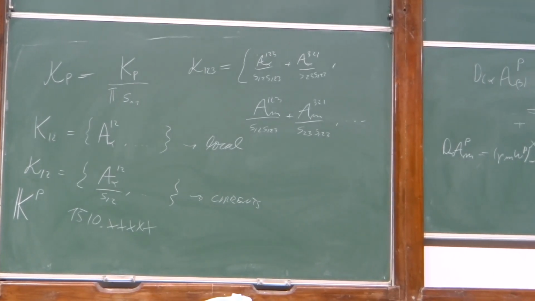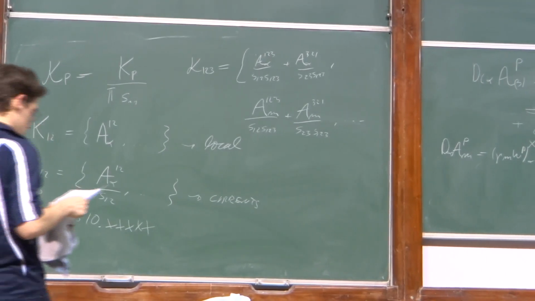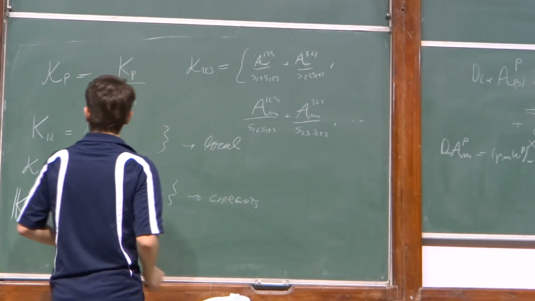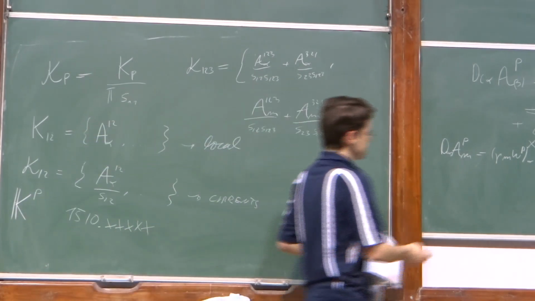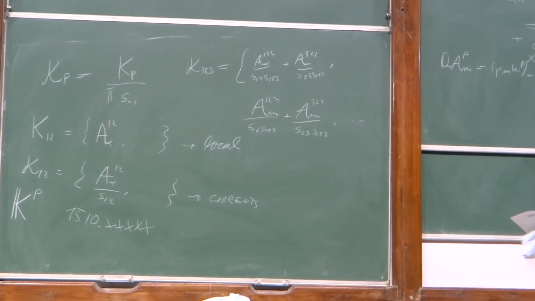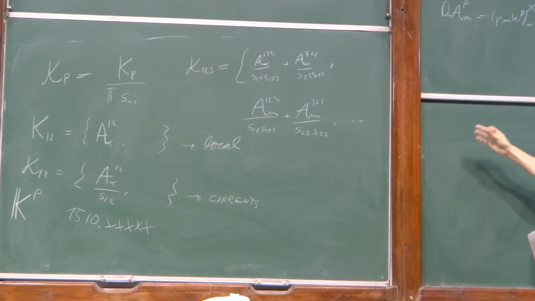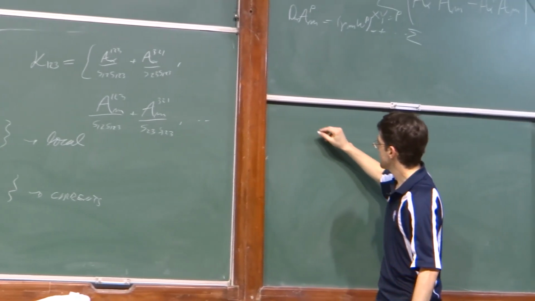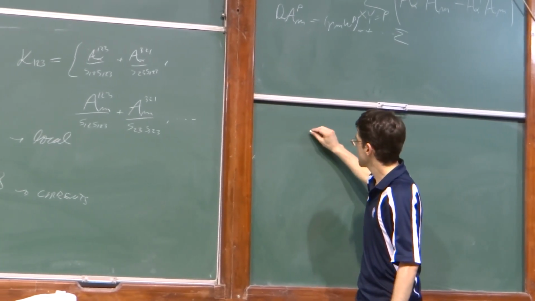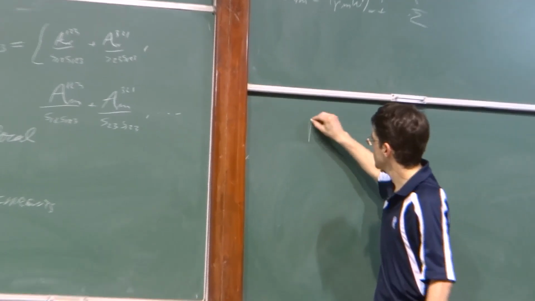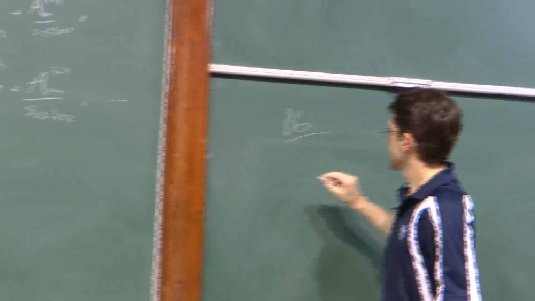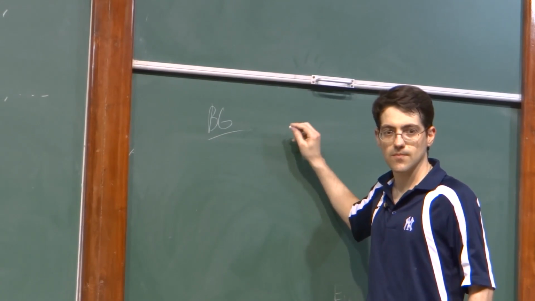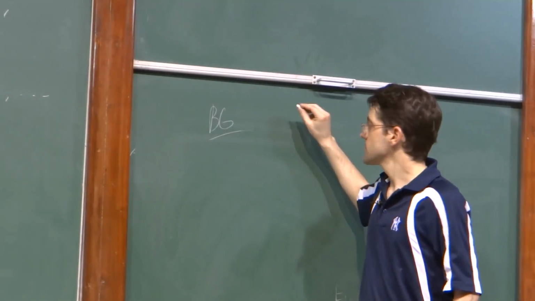So these are the Berends-Giele currents. As a general remark, people here know about the Berends-Giele method to compute amplitudes.